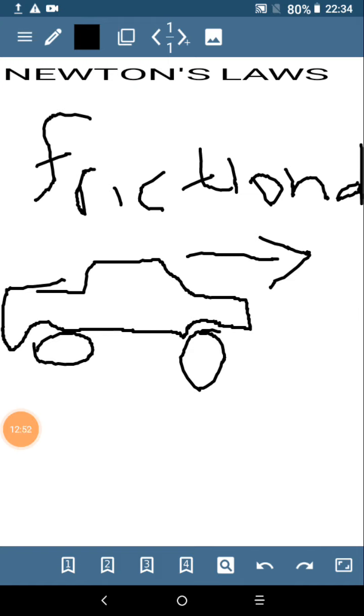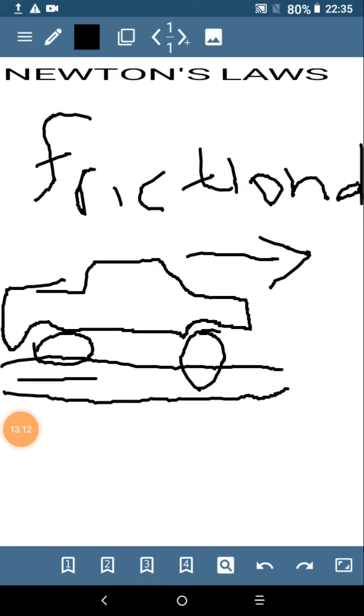They tend to age, or rather become damaged. The thing that damages them is the frictional force offered by the surface. The frictional force is the force that is exerted by the surface with which an object is in contact. So if this object is moving on this road, the frictional force will be offered by that road surface.